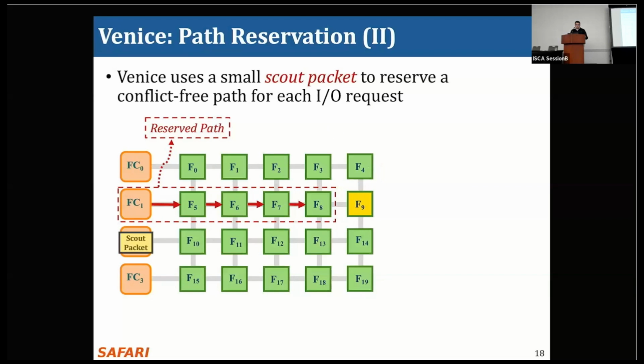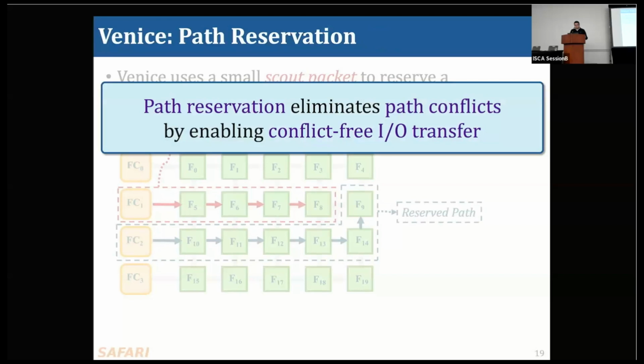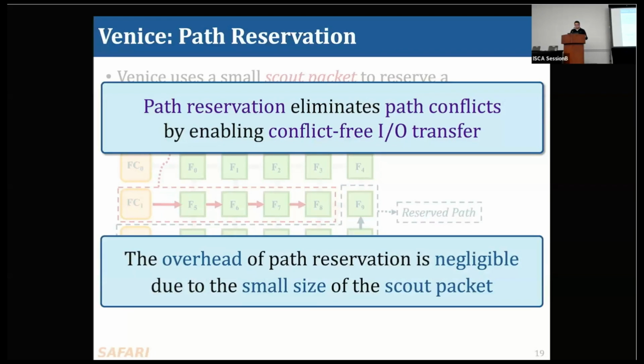Here we show the path reservation process through FC2. So this is the reserved path for F9. The path reservation process eliminates path conflicts by enabling conflict-free I/O transfer, and the overhead of path reservation is negligible due to the small size of the scout packet.